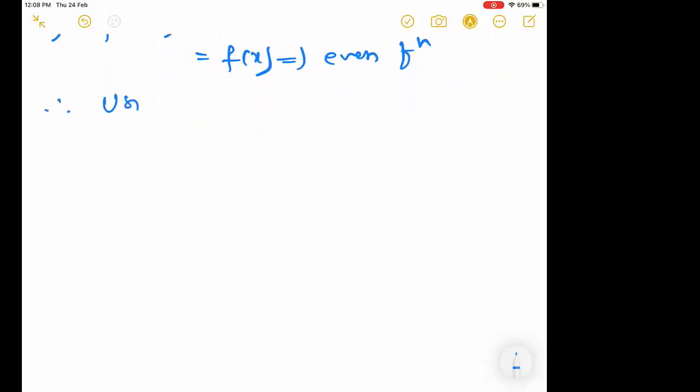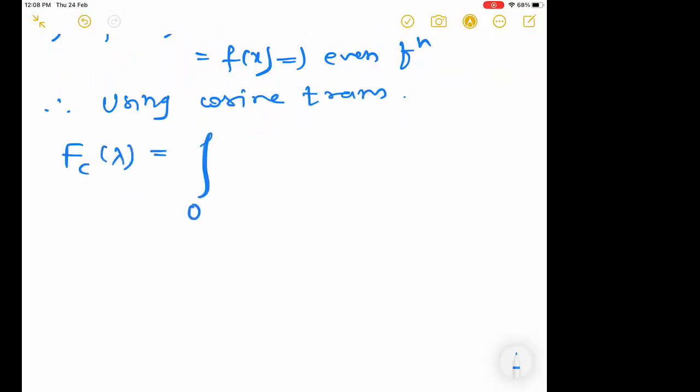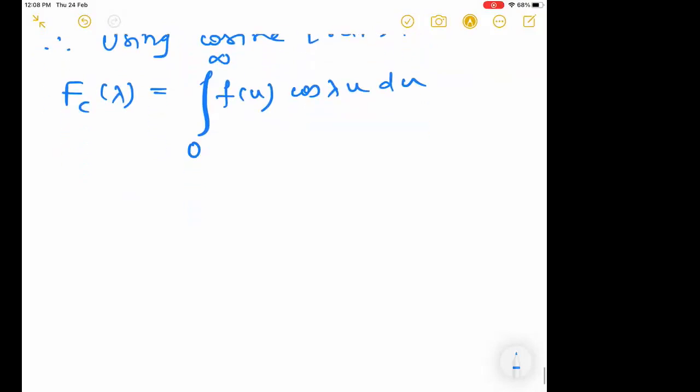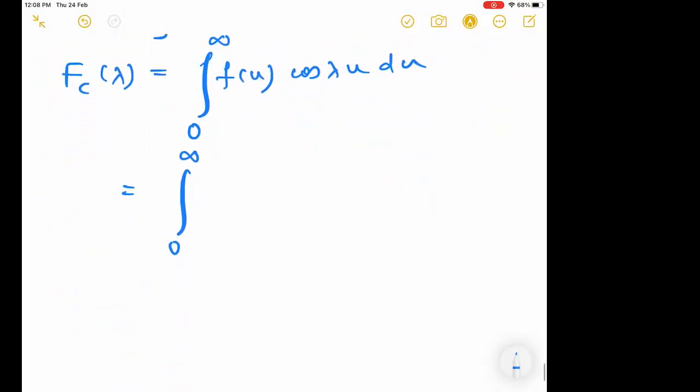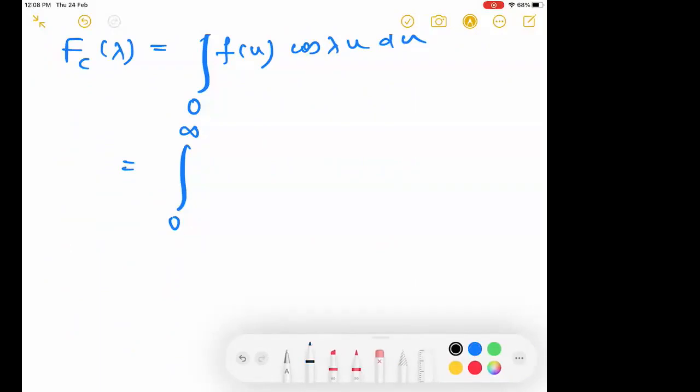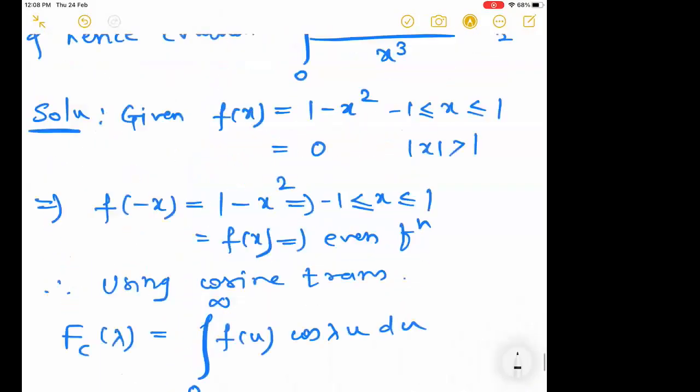Therefore, using the cosine transform, f_c(lambda), the integral formula is 0 to infinity f(u) cos(lambda u) du. Now f(u), you have to split it, because your interval is 0 to 1 and then 1 to infinity.